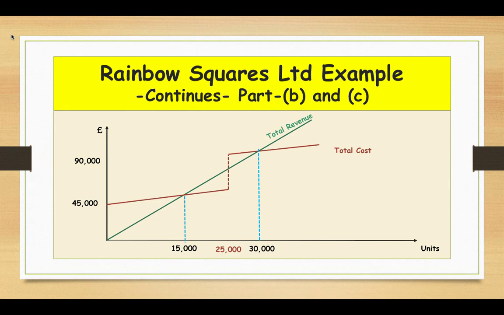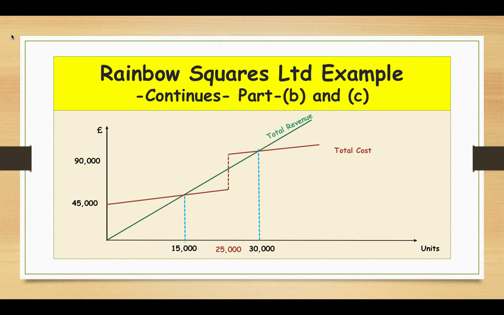But any units produced above 30,000 units is profitable, because after 30,000 units, if you look at the graph, the total revenue line is above the total cost line. So the company's production plan should be between 15 to 25,000 units, or they can produce more than 30,000 units.